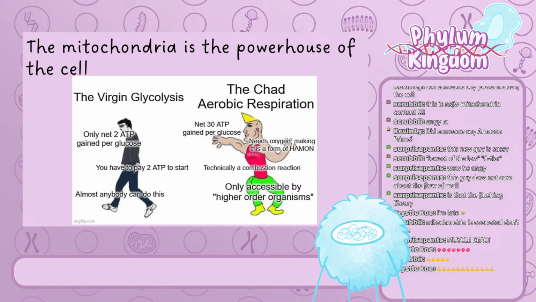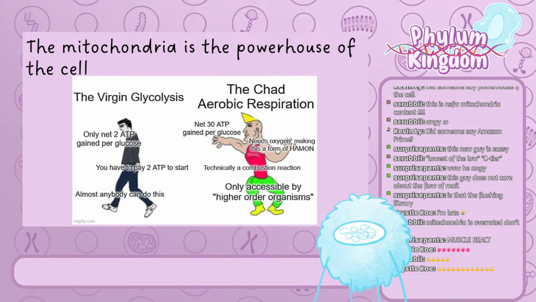from sugar. Technically, if you were to write out the chemical reaction that aerobic respiration gives you, it is a combustion reaction. So the same kind of reaction that you would get from blowing stuff up is happening within the walls of the mitochondria. And that's really cool, right?